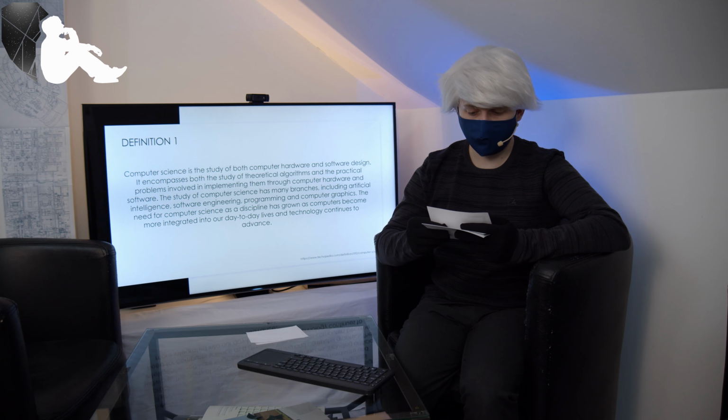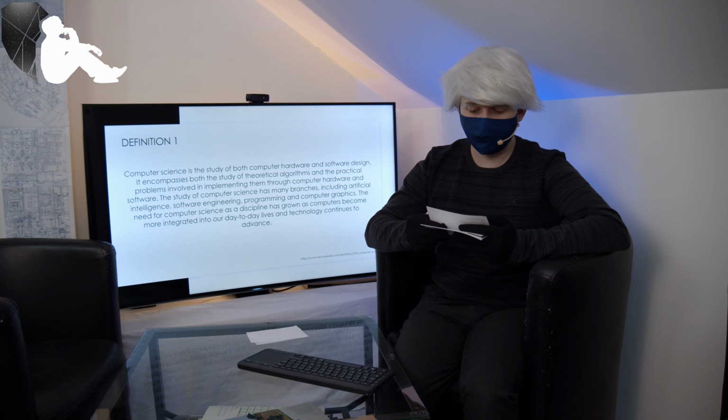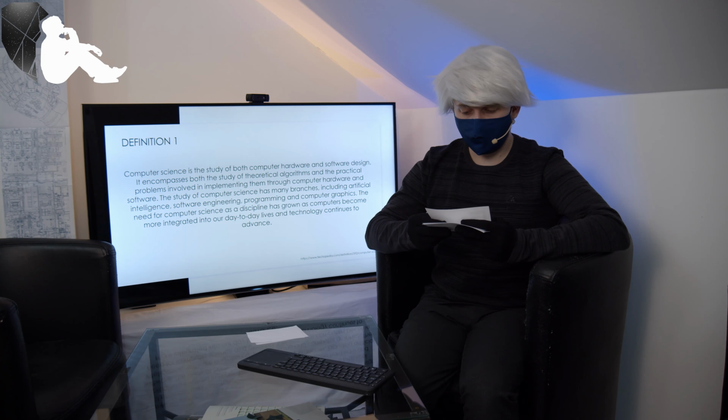So, computer science is the study of both computer hardware and software design. It encompasses both the study of theoretical algorithms and the practical problems involved in implementing them through computer hardware and software. The study of computer science has many branches, including artificial intelligence, software engineering, programming, and computer graphics.